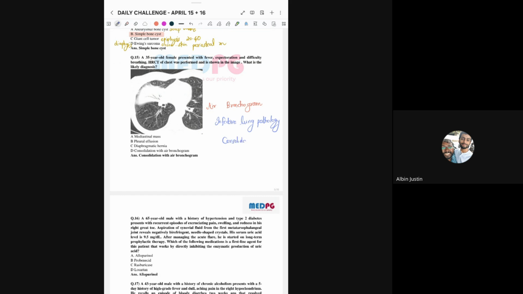Consolidation. So even the surrounding alveoli are opaque. There will be a black branching pattern. Bronchi.